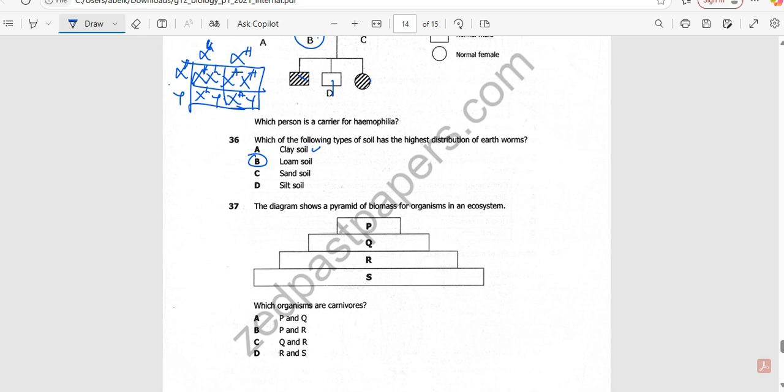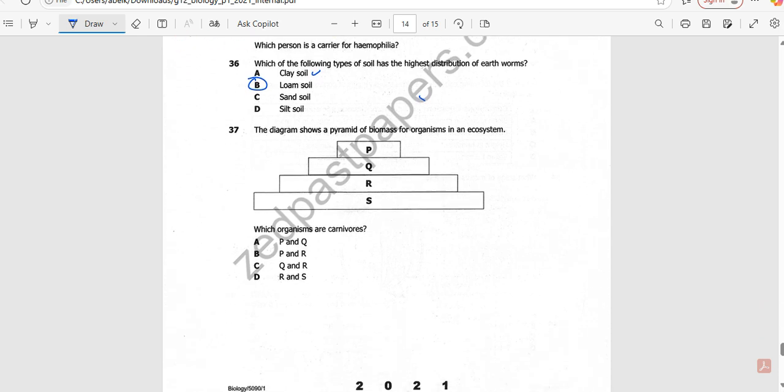Clay soil is the type of soil which is very much compacted, and this type of soil is found near the rivers. Then sandy soil is too porous. It contains a lot of sand and some stones and lacks nutrients, same as silt soil. So the answer there is loam soil.